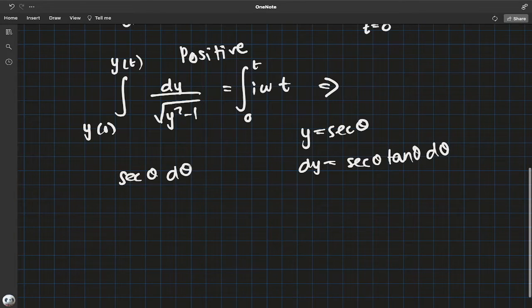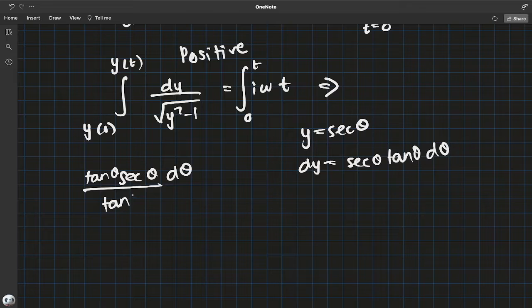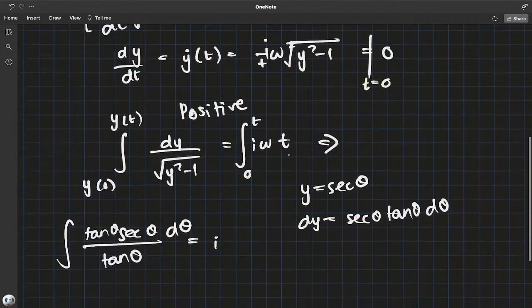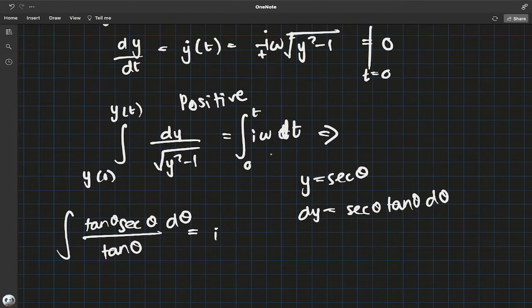Secant theta tangent theta d theta over, you have an additional tangent, the square root of secant squared minus 1 as tangent, integrated. This is just, I believe, should have been a dt here.